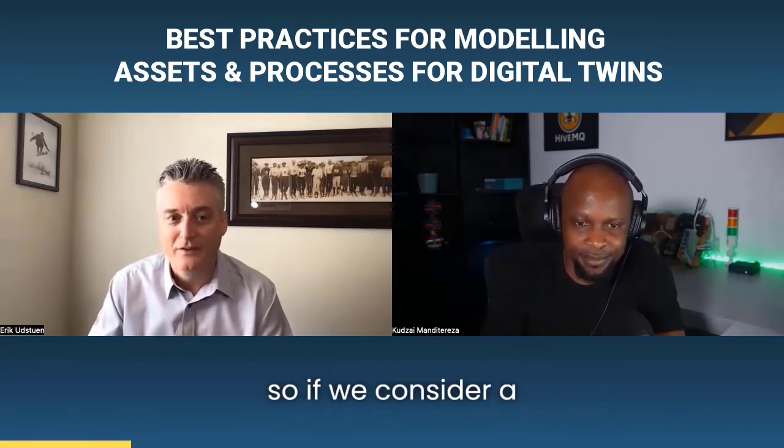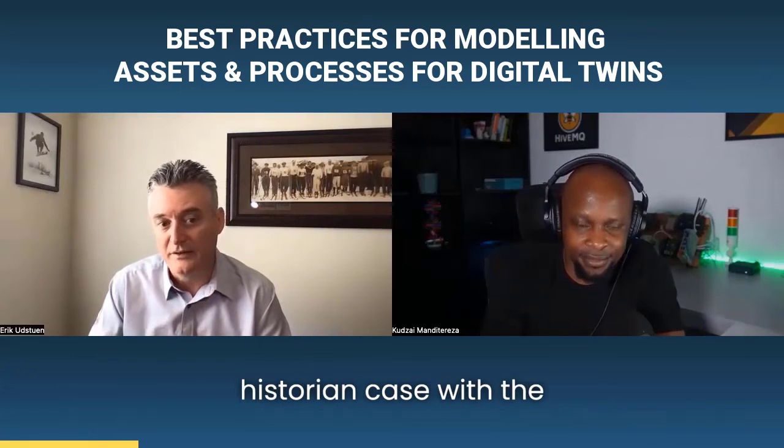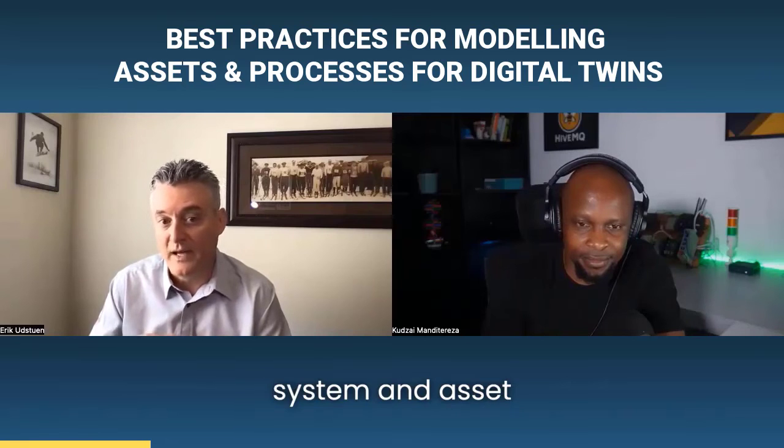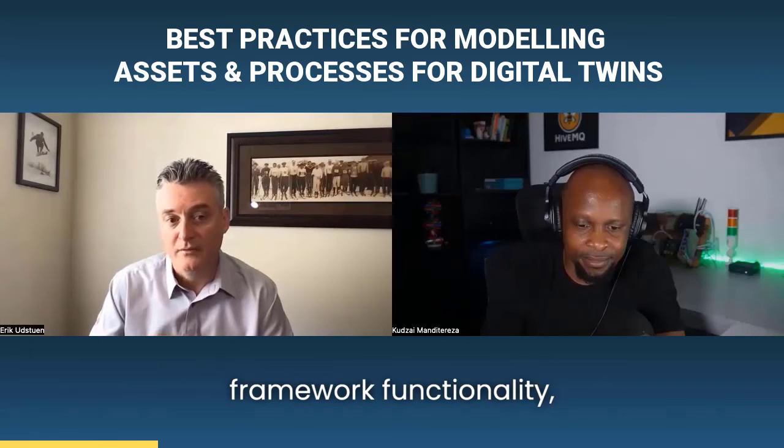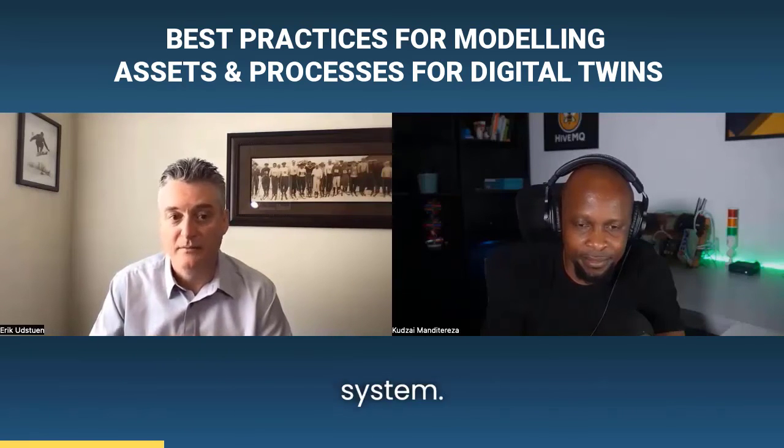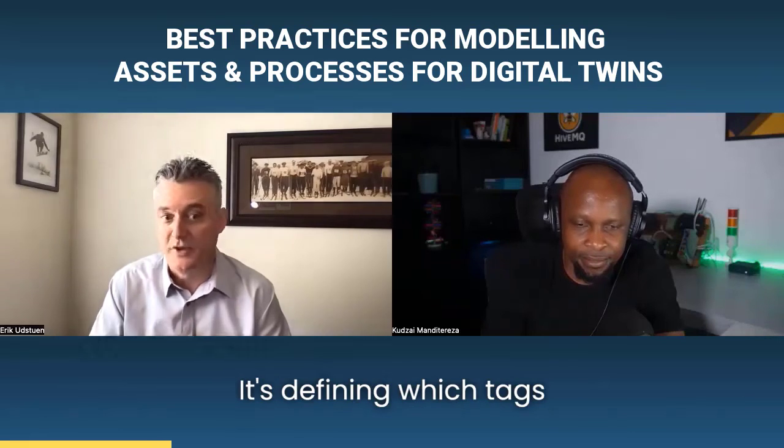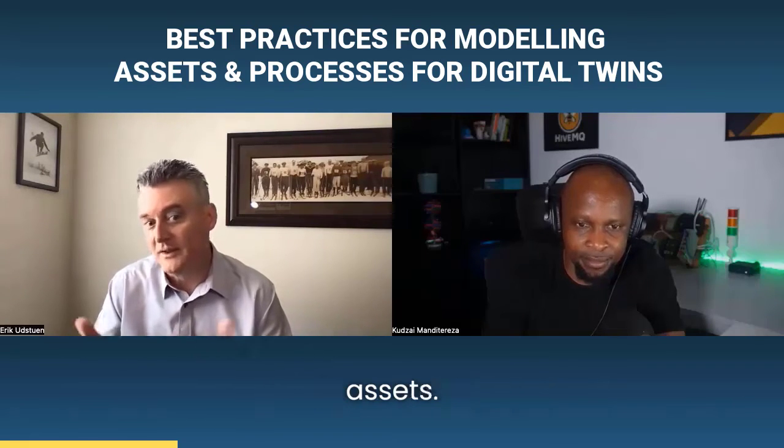So if we consider a historian case, like with the PI system and asset framework functionality that's part of the PI system, it's defining which tags belong with which assets as an example.